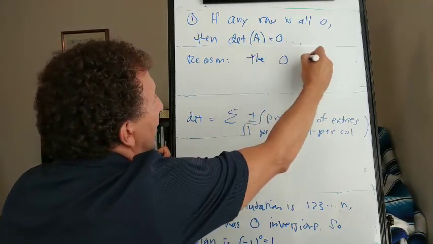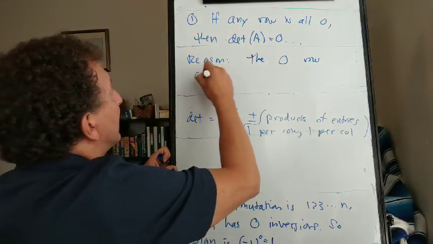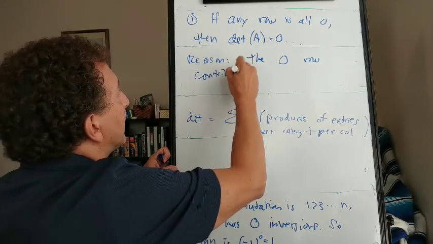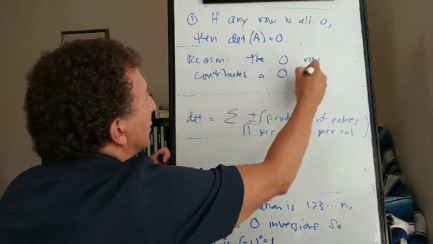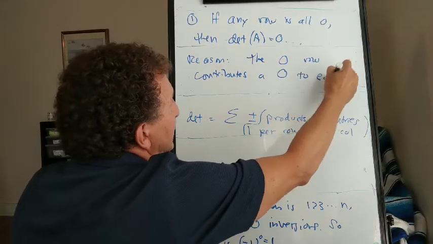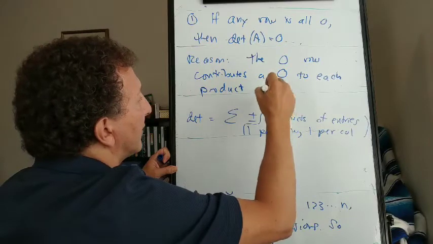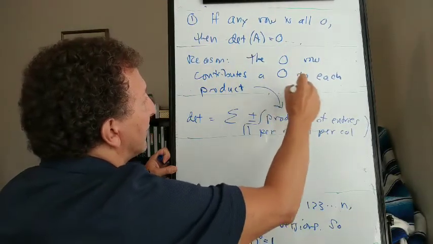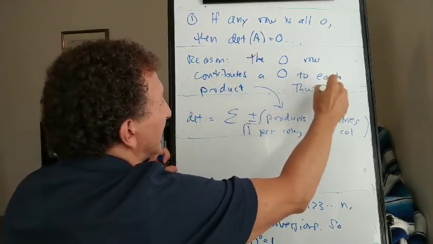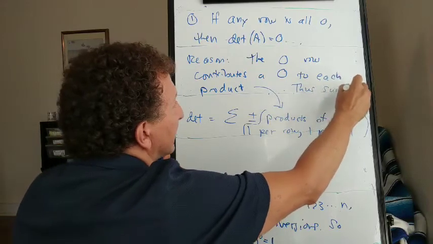So the 0 row contributes a 0 to each product. So that means the sum is 0.